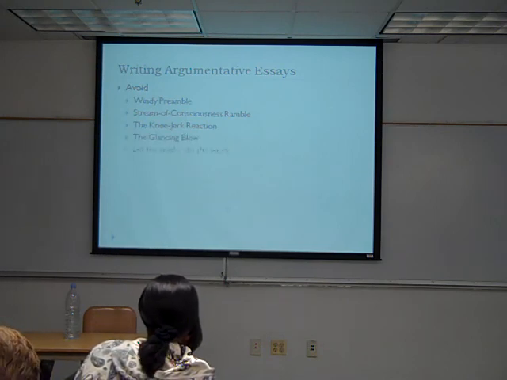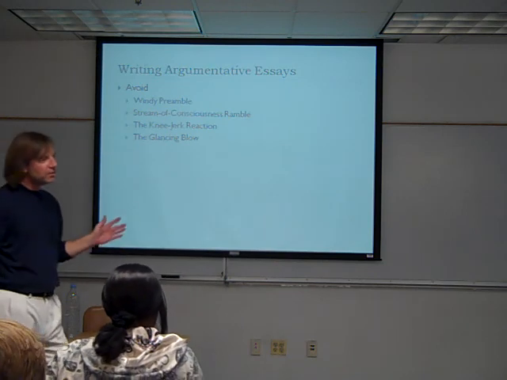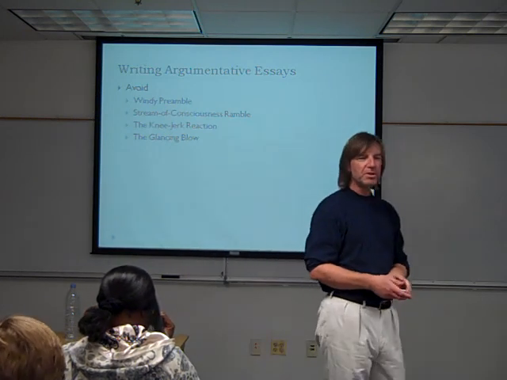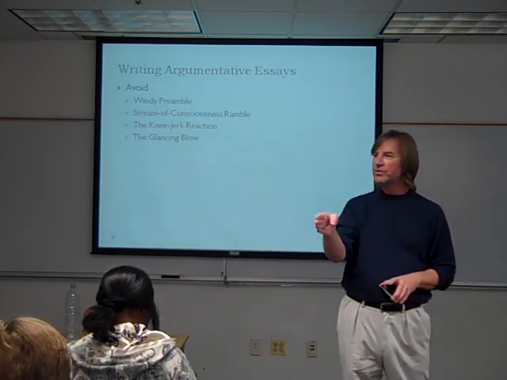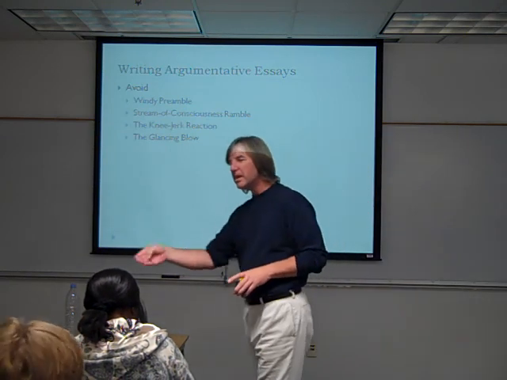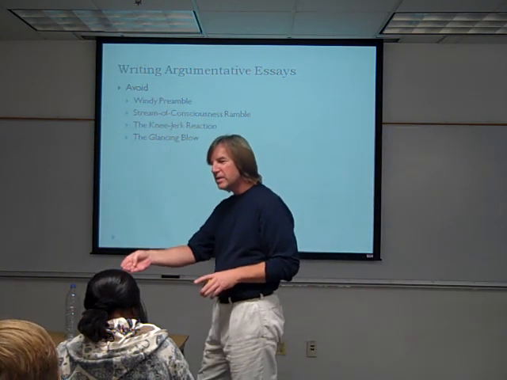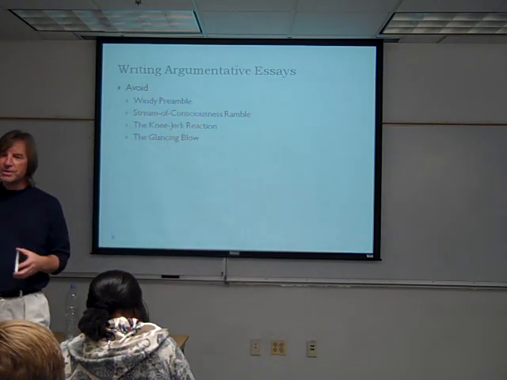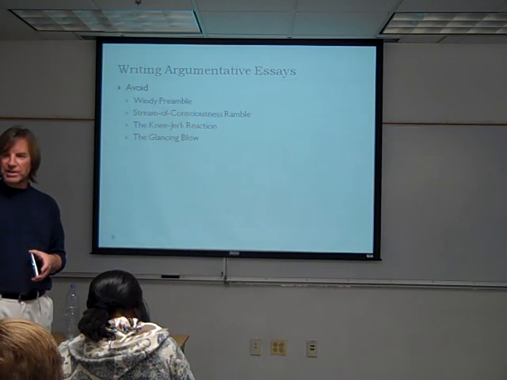A glancing blow is where you're trying to chip away at the opposing position, but you really don't address the central issue. You just kind of say something negative about the opposing side to undermine the support for that side, but it really doesn't contribute to addressing the central issue.